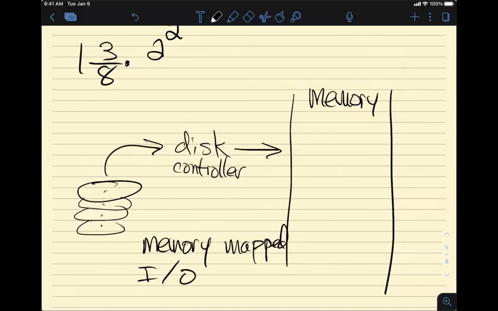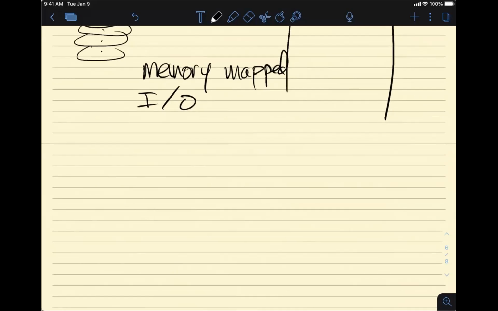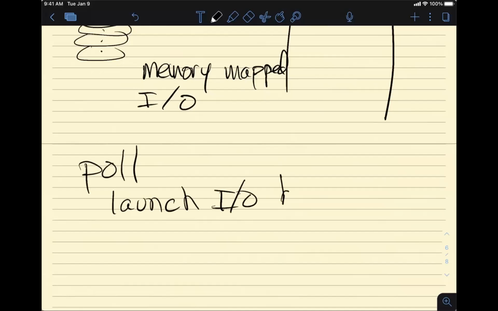Okay? Now here's why volatile is important. You might have a piece of hardware which is very dumb, and you tell it to do something, and then you have to poll to find out when it's finished. The hardware is designed so that when you launch the I/O by writing to the register, by writing to the memory location which stands in place of the hardware, it's a dumb piece of hardware, no interrupts.